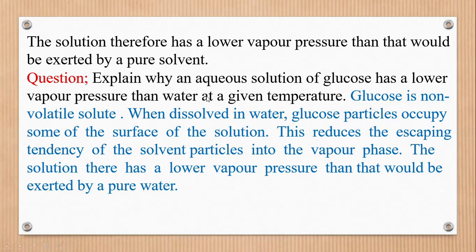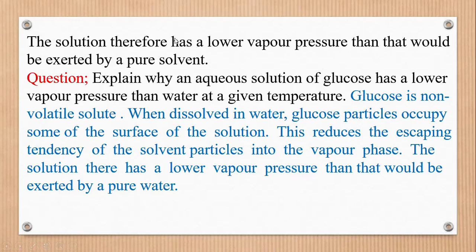So we are supposed to explain why an aqueous solution of glucose has a lower vapor pressure than water at a given temperature. Water is a pure solvent, and the combination of glucose and water forms a solution. So the solution of glucose always has a lower vapor pressure.